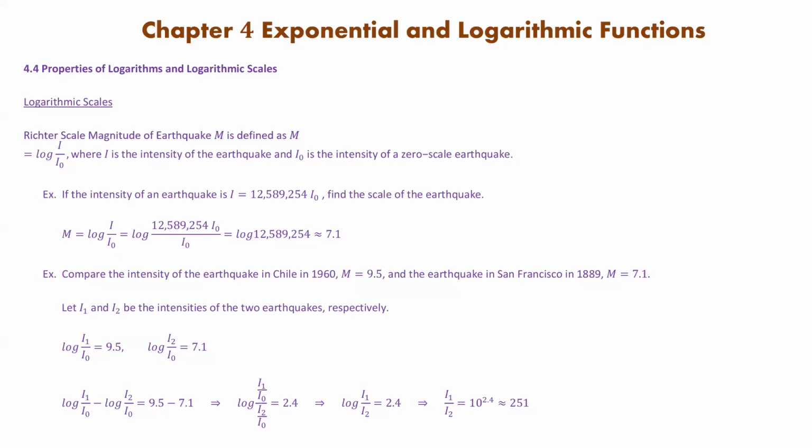So you can see, even a small difference in the magnitude of the earthquake means a big difference in the intensity of the earthquake. All right. Any questions about this example or the two examples? If not, let's just go to the next page.